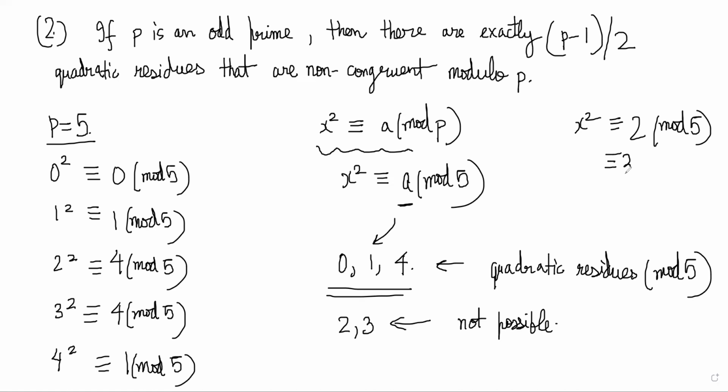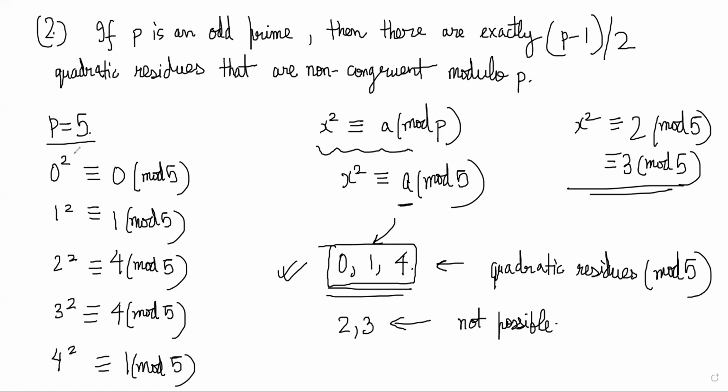Similarly, x square is congruent to 3 mod 5 also doesn't have a solution. So 2 and 3 are quadratic non-residues, whereas 0, 1, and 4 are quadratic residues mod 5. Now we can say that there are 3 quadratic residues mod 5 that are non-congruent.